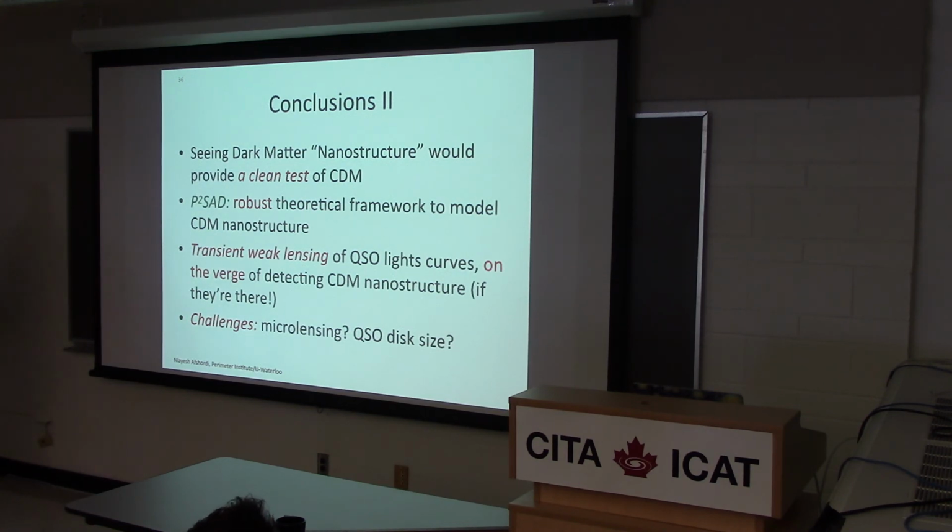Newer work uses SPT sources, which are then resolved by ALMA, and they detect largish subhalos, like 10 to the 6 or 7 solar masses, which of course you wouldn't be able to see at large distances. But here, we're pushing it to much, much smaller scales because we're looking at time dependence.